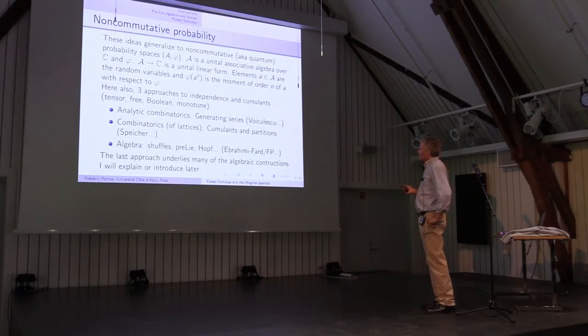So a non-commutative probability space is an associative algebra equipped with a linear form that is required to be unital, so to map the unit of A to the unit of the ground field, which I've taken to be complex numbers here. The analog of momenta in this setting is given by this linear form applied to the powers of the elements of A.